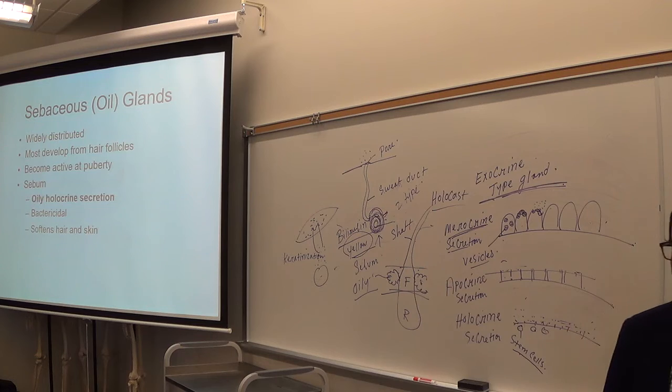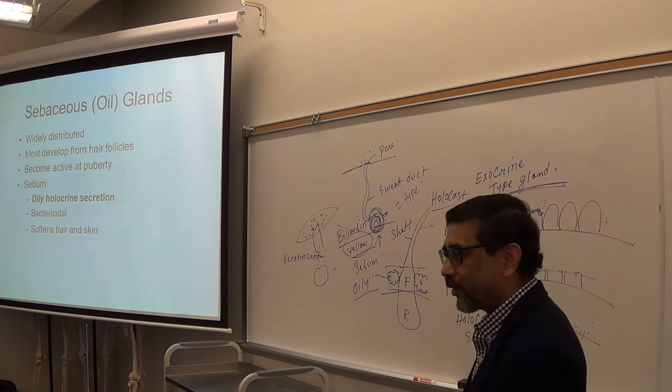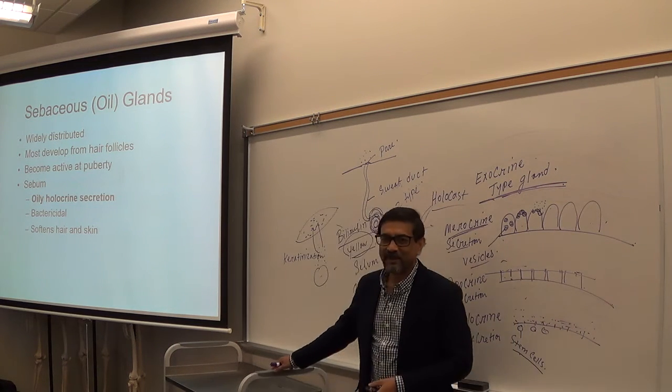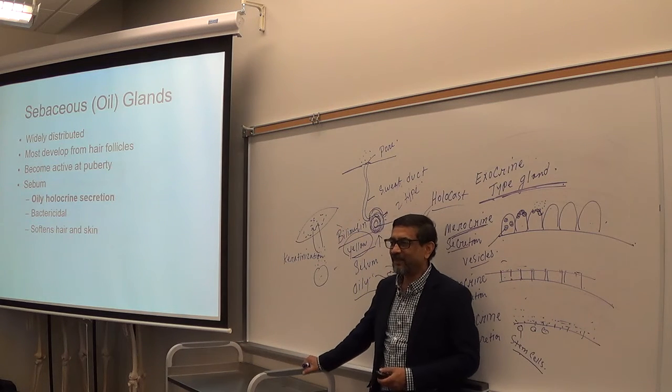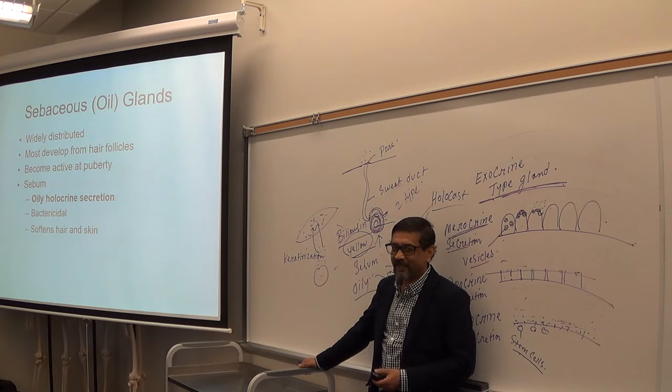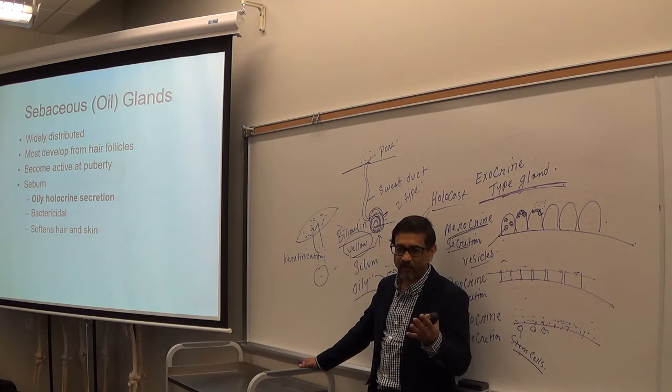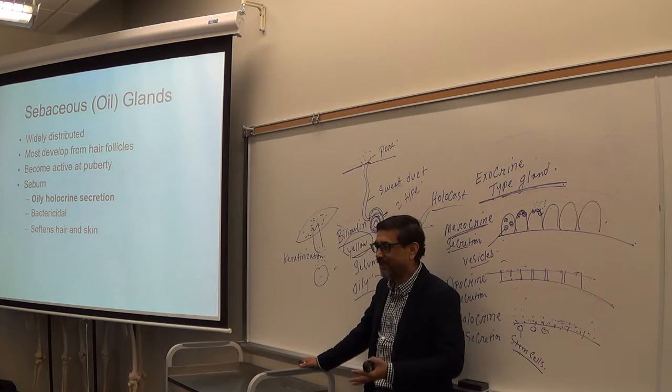Do you have any questions? No? So skin has how many layers? Two. Outer epidermis, inner dermis. Epidermis has how many layers? 4 or 5. Why 4 or 5? Thick skin has one more, so 5. Thin skin has 4.